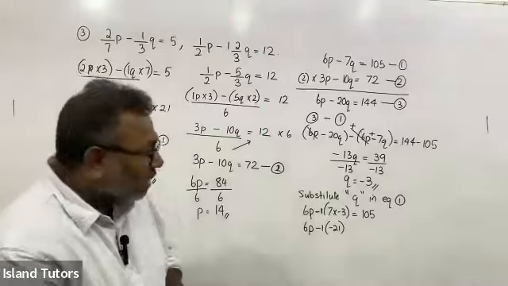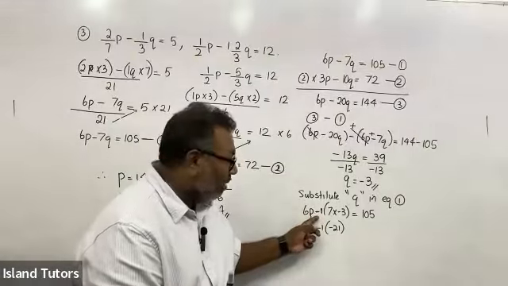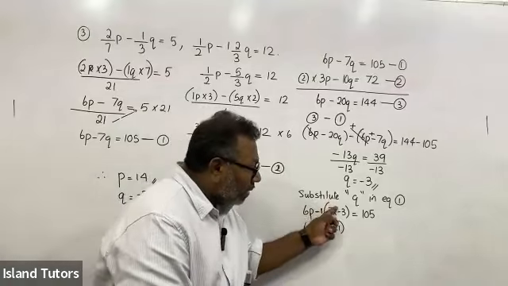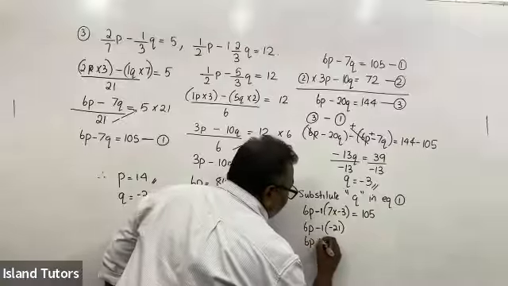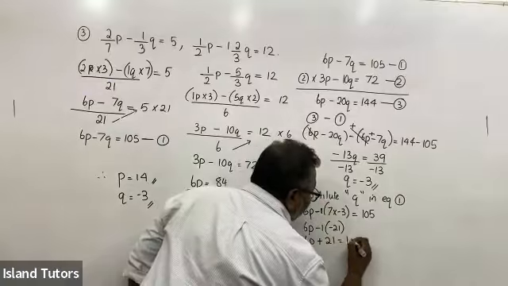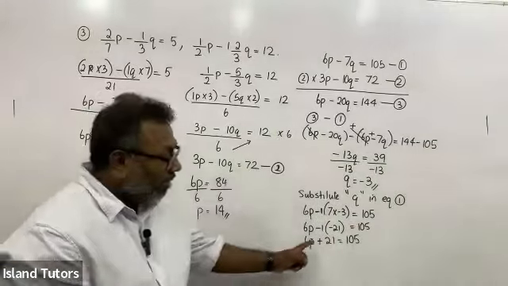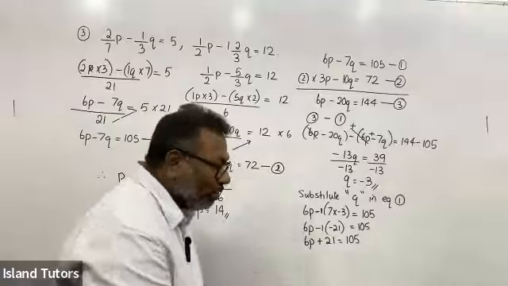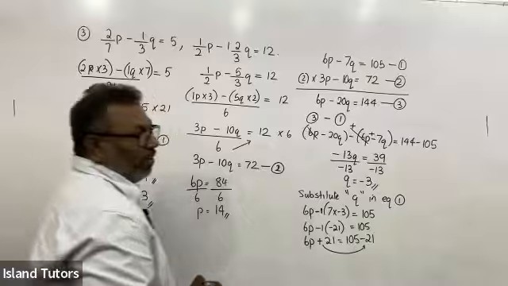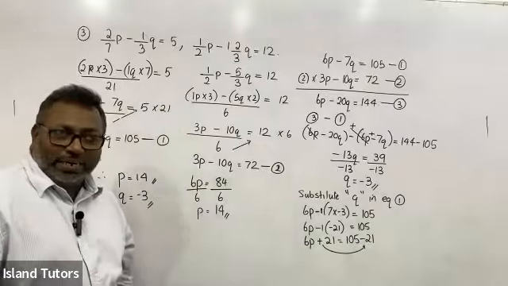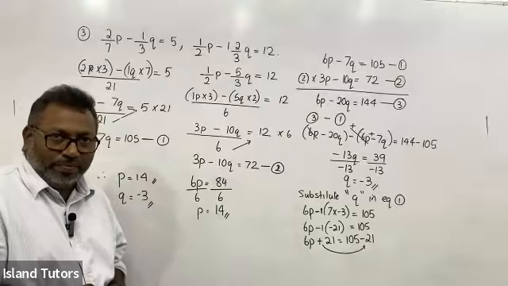That's how you need to look at it. When there is no sign number in here, you take it as a minus 1. So minus 1 multiplied by minus 21, you will get 6p plus 21 is equal to 105. Then when you take the plus 21 to this side, this becomes minus 21. And then you are getting 84.